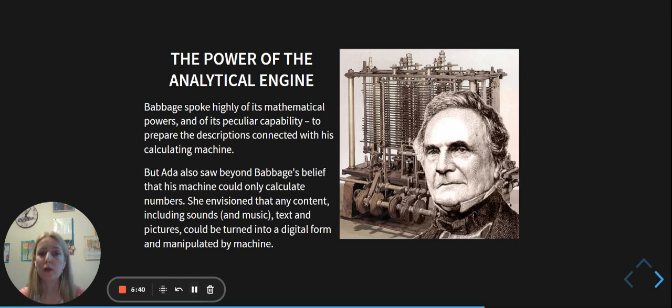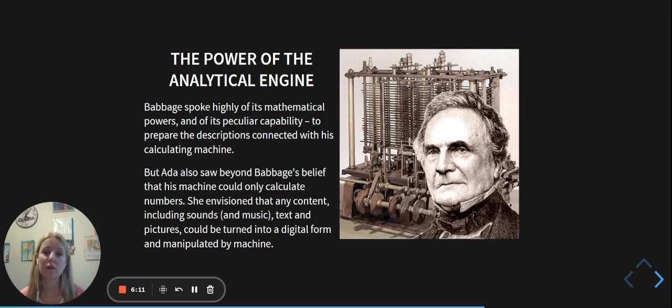Babbage spoke highly of her mathematical powers and of her peculiar capability to prepare the descriptions connected with his calculating machine. But Ada also saw beyond Babbage's belief that his machine could only calculate numbers. She envisioned that any content, including sounds and music, text and pictures, could be turned into a digital form and manipulated by machine.